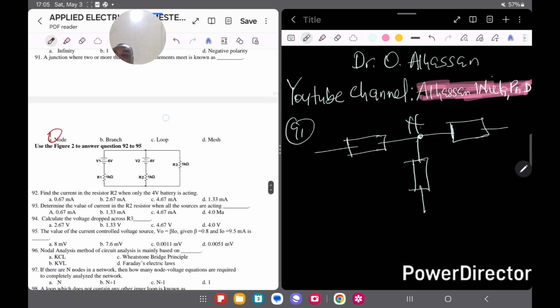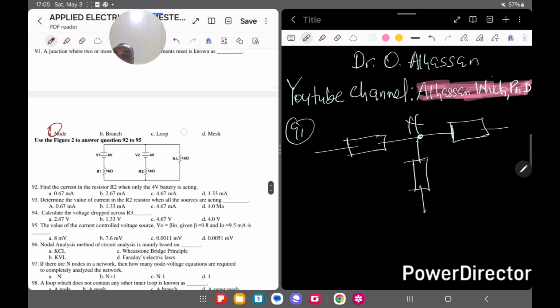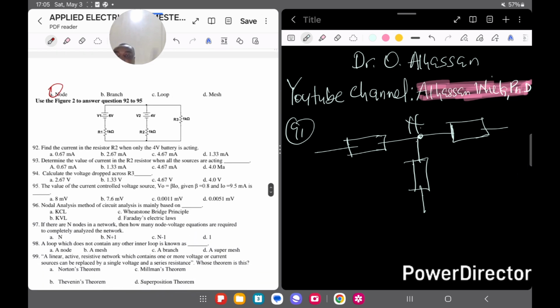Now let's go to question 92. Find the current in the resistor R2 when only the 4 volts battery is acting. We are given figure 2, to be used to answer questions 92 to 95.